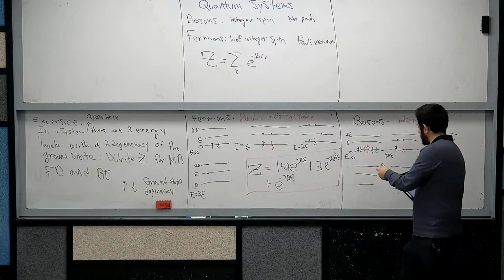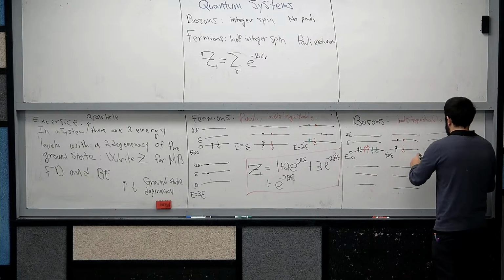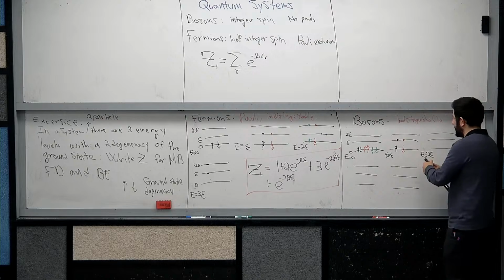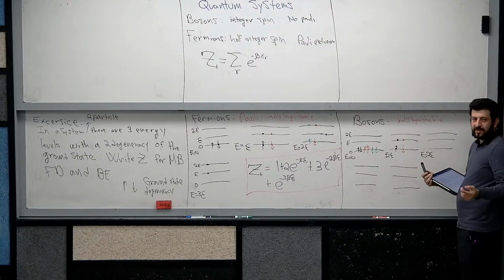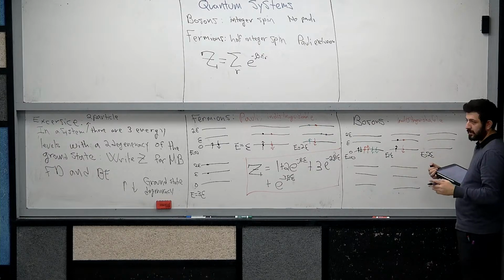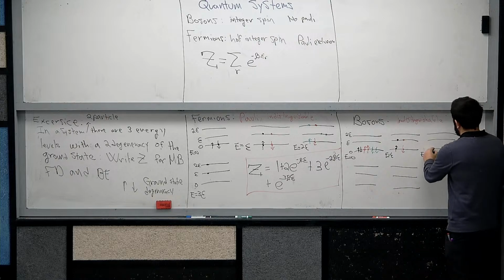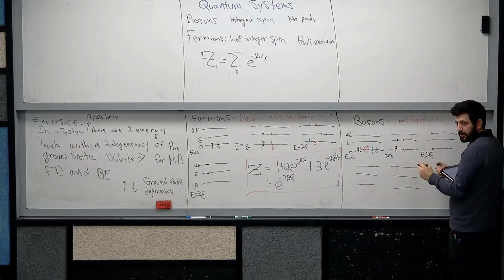If you have any questions, please let me know. Okay, so here, this is the energy of 2 epsilon. Which states are allowed? Spin down, spin up.